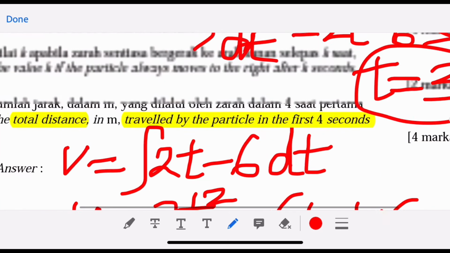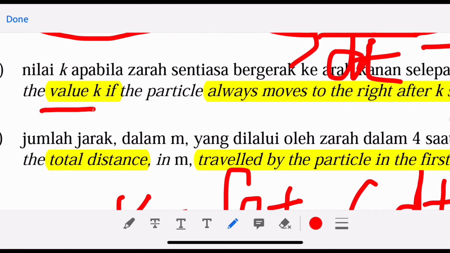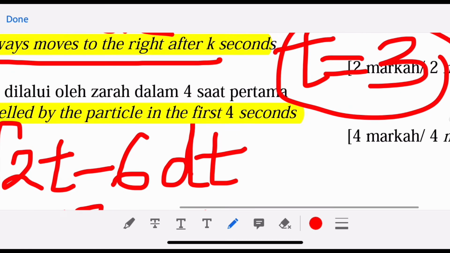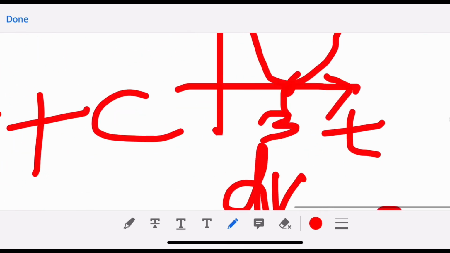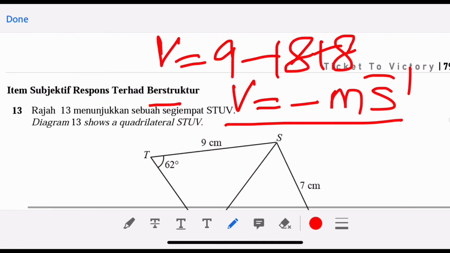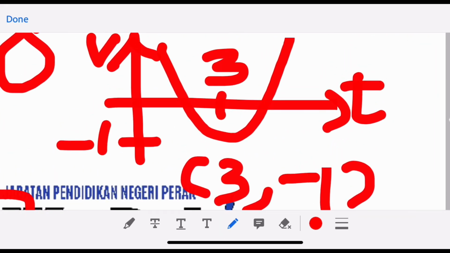Let's proceed to the next question. It's about the value of k if the particle always moves to the right after k seconds. Let's have a look at the shape here. The graph should be something like this, right?